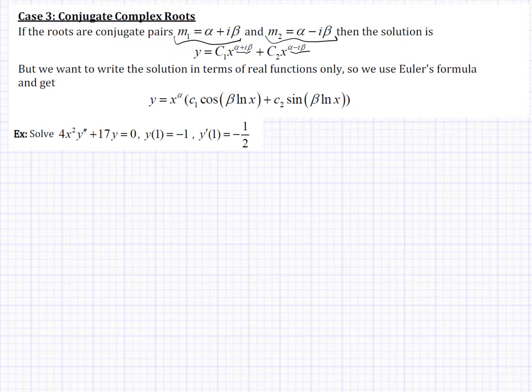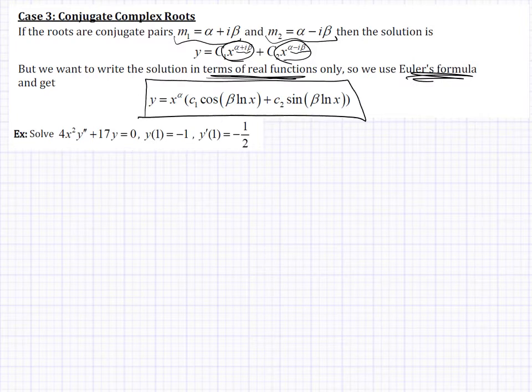Unfortunately, what it creates is complex function solutions. So we really would like these in terms of real functions. So what we're going to do is the same thing we've done before, we'll use Euler's formula. We're going to do a little bit of computation with Euler's formula. In the end, all that matters is that we end up with this right here, where alpha and beta come from the complex conjugates.